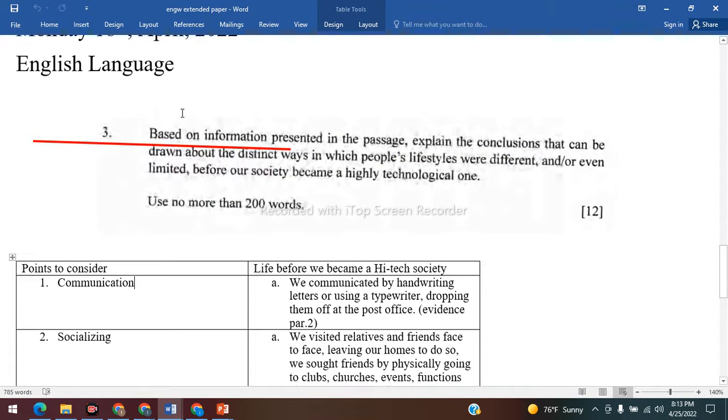They said use no more than 200 words. So when you're writing this, you have to be brief. Listen to them, because they would be reading this, and they really don't want you to go over this criteria.